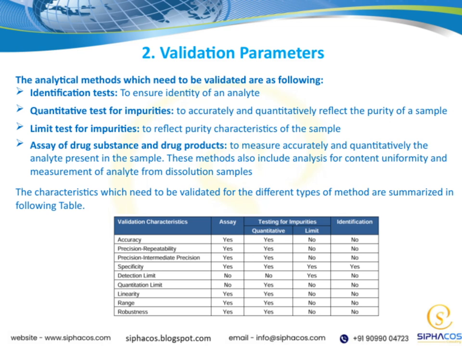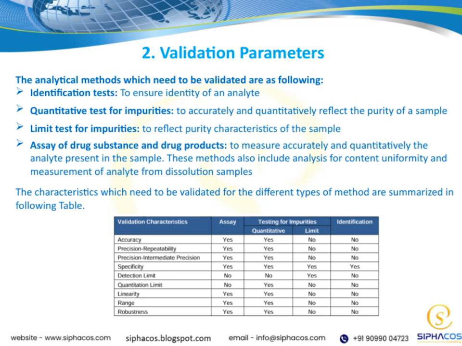We also need to validate assay methods for drug substances and drug products. These are designed to measure the amount of the active ingredient present. It's important that these methods are both accurate and quantitative. Plus, they often include analysis for content uniformity and measuring analytes from dissolution samples, which are critical for ensuring consistent product quality.